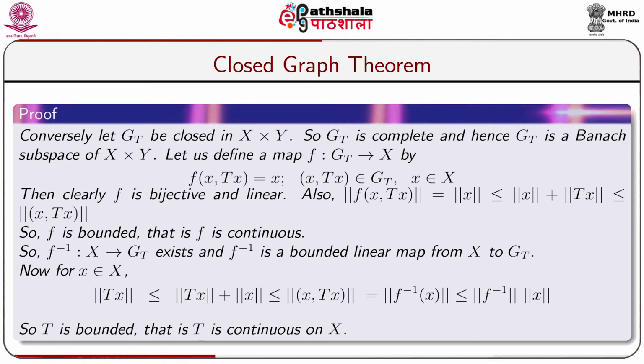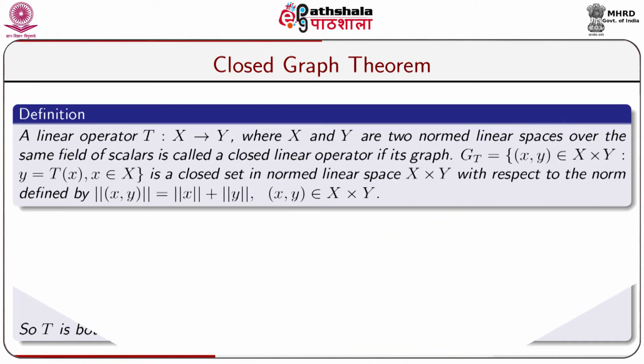Since F inverse is bounded, norm of F inverse x is less or equal to norm of F inverse into norm of x. So T is bounded, because we have calculated that norm of Tx is less or equal to norm of F inverse into norm of x. As F inverse is bounded, norm of Tx is bounded, and hence T is bounded, that is T is continuous on capital X.